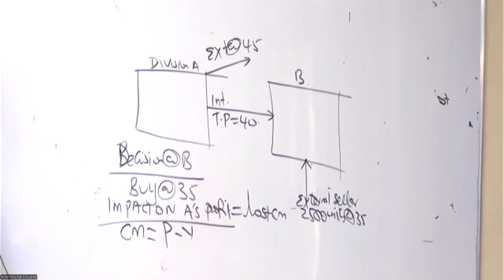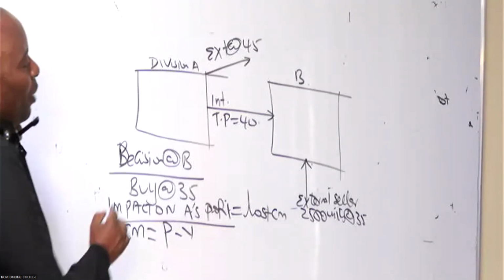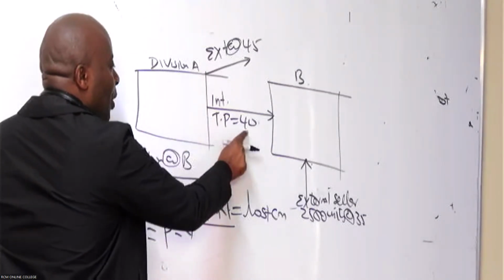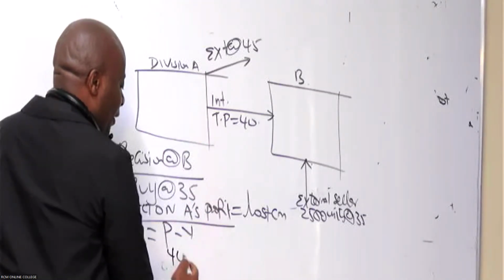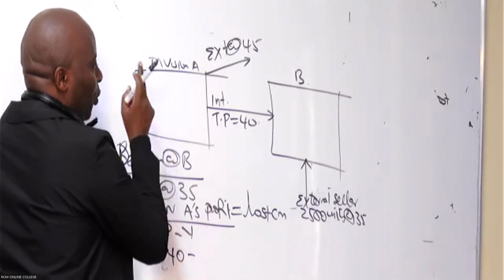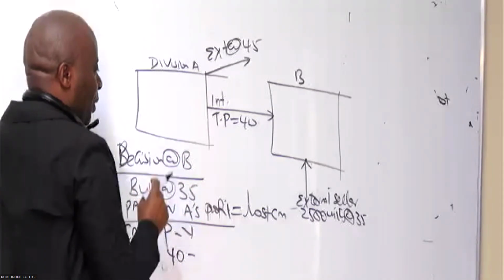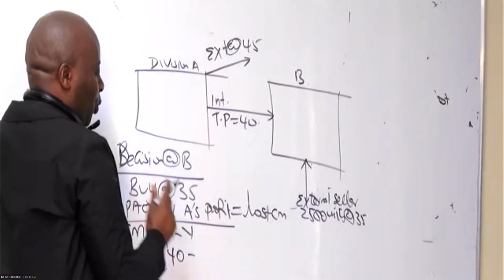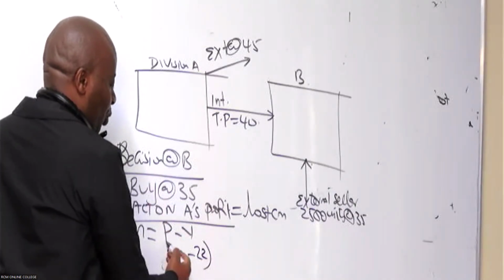If A was to sell internally, then they would have earned a price of 40. And what is the variable cost for division A per unit? Is there somebody who is able to see the variable cost, 22? I'm being told 22.